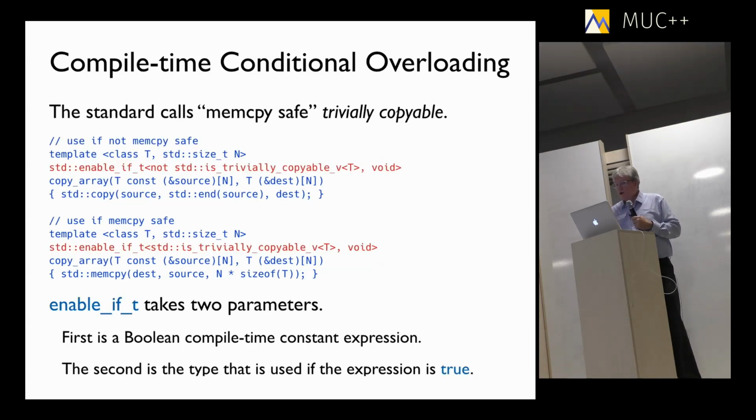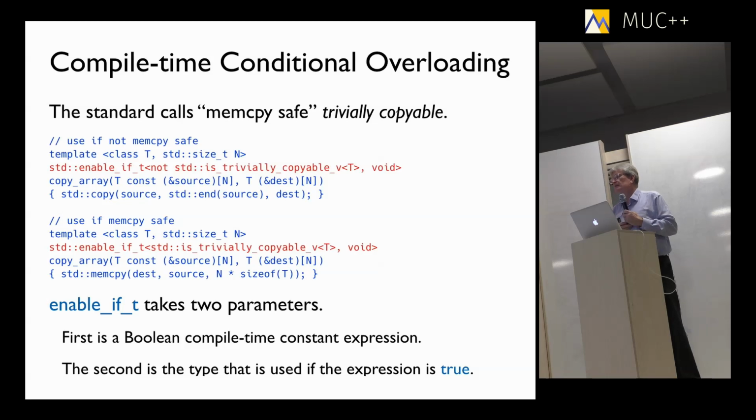And so the way this works is I'm specifying that the return value of these two functions is std enable if of a compile time constant and a type. Okay? The compile time constant I'm using here is either not is trivially copyable or is trivially copyable, because trivially copyable is what the standard calls what I'm calling memcopy safe.